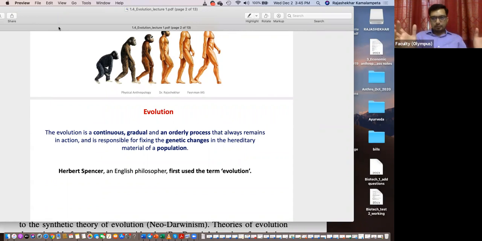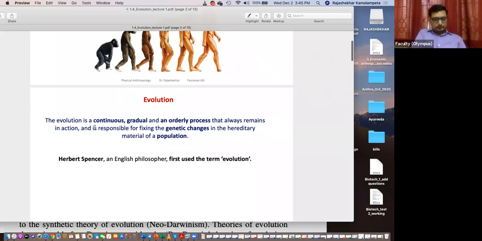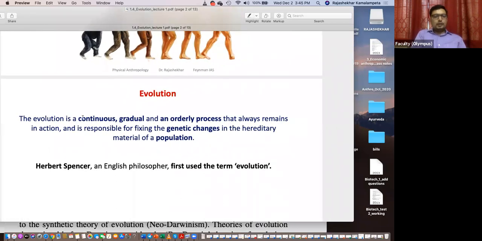Now I would like to give you a little more comprehensive definition of evolution. So evolution is a continuous, gradual, and orderly process that always remains in action, meaning it is always happening.